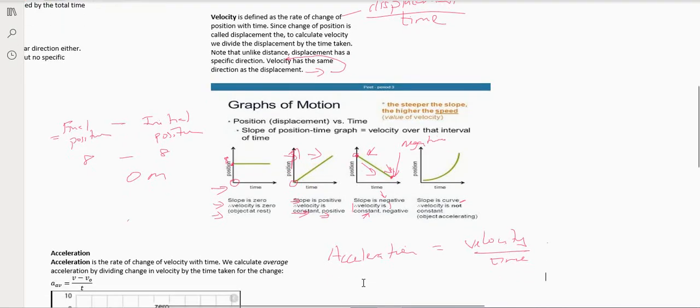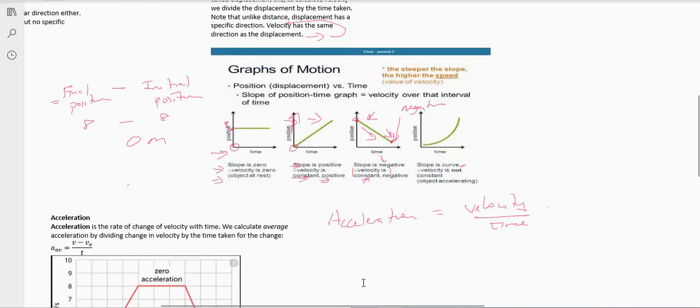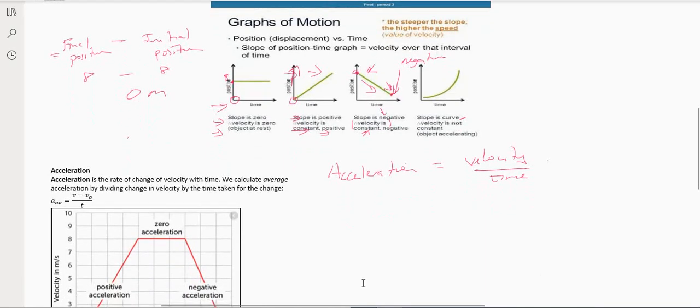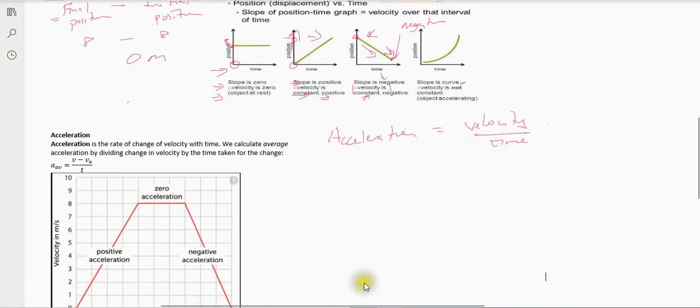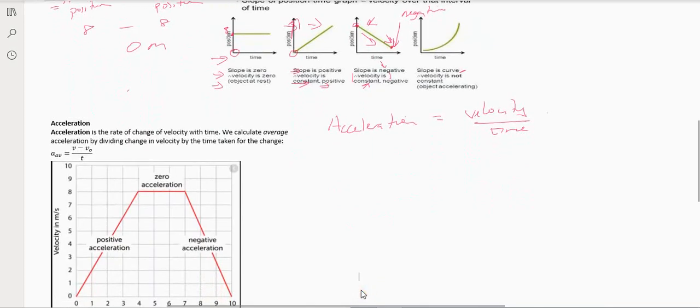Now, when it comes to the average acceleration, we would have to take into consideration the initial velocity and the final velocity, and divide that by the time it took that object to accelerate. That's how you would find the average acceleration. And that is similar to finding the gradient, so to speak, right? Yes, that is similar to finding the gradient.